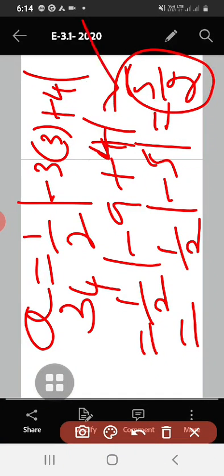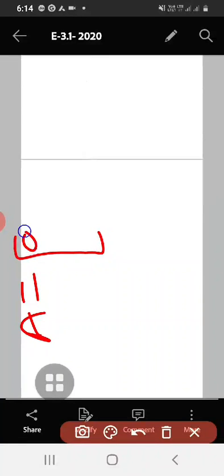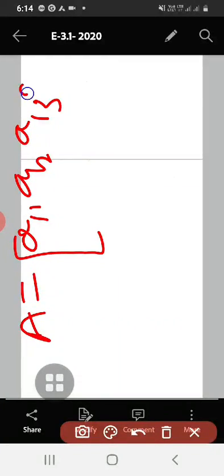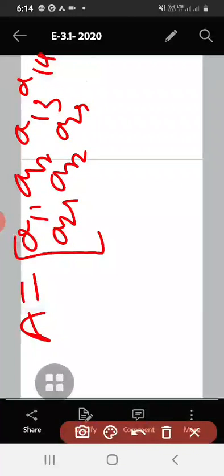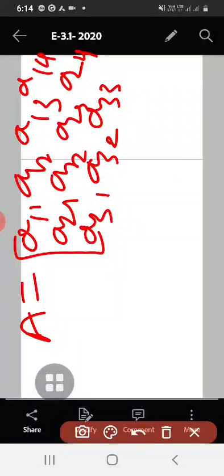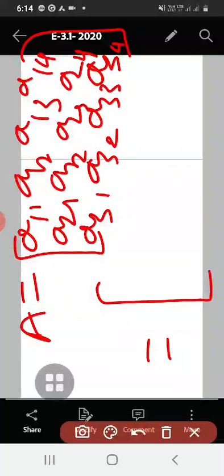Now you replace all the elements. We have to construct a 3 cross 4 matrix. A 3 cross 4 matrix means A11, A12, A13, A14, A21, A22, A23, A24, A31, A32, A33, A34. Let us replace all the elements which we worked out previously.